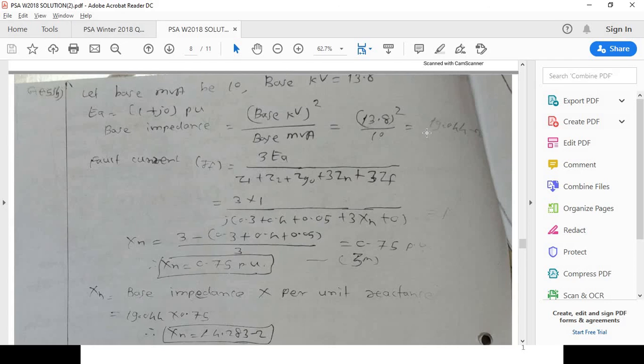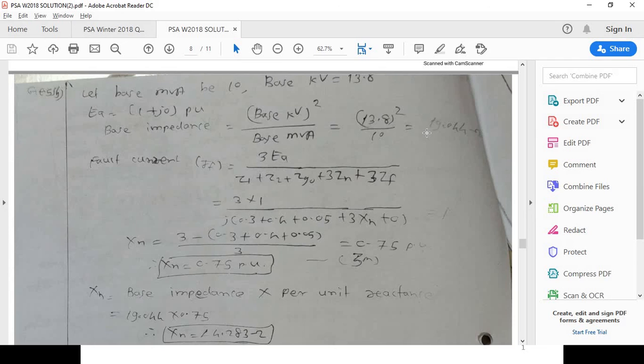If you have the base value of power and base value of voltage, you can calculate any other base value like base value of current, impedance, reactance, etc. So in this case we need to calculate the base impedance. Using the basic formula, base kV squared upon base MVA, that is 13.8 squared upon 10, we get the base value of the impedance as 19.044 ohm.